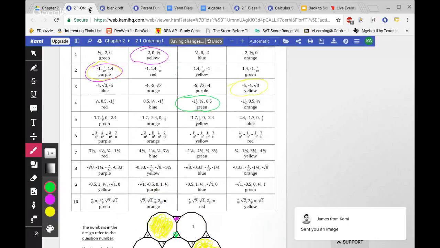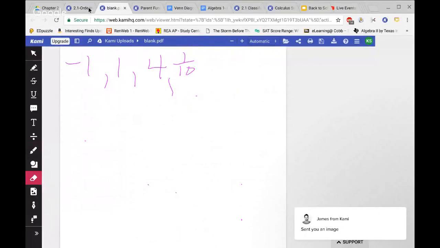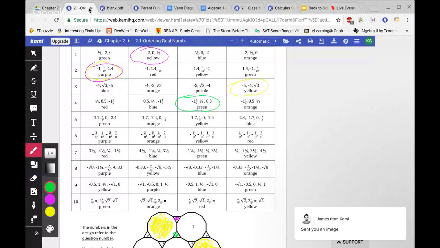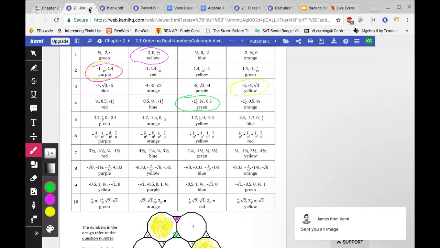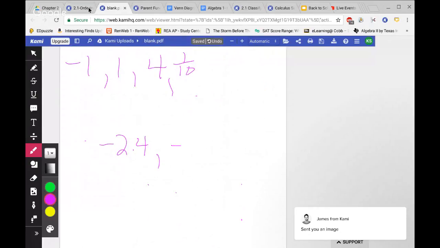All right, the next row. We have a couple negative numbers. So those will be the ones that are going to be from least to greatest. That would go first. So that's going to be -2.4 and then -1.7, because when it's a negative, right here, is it -2.4? -2.4. And then the next smallest is -1.7.